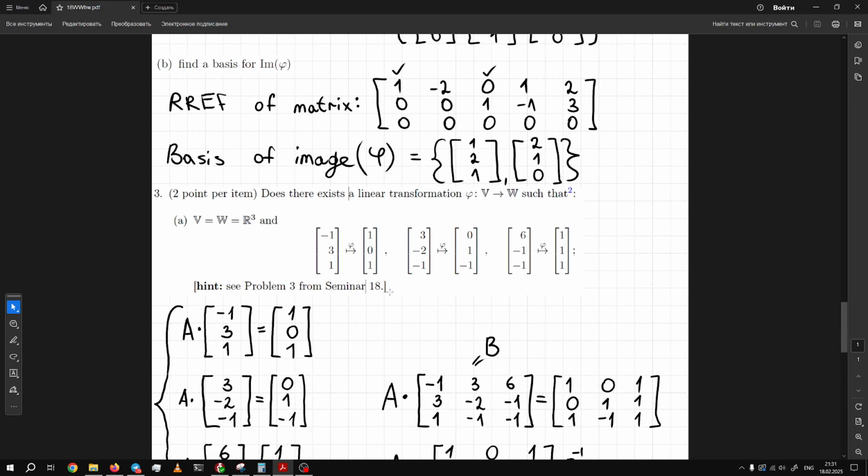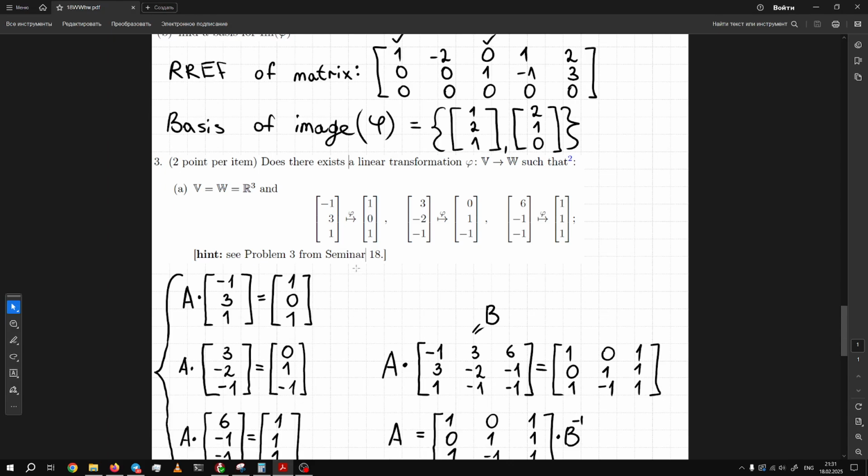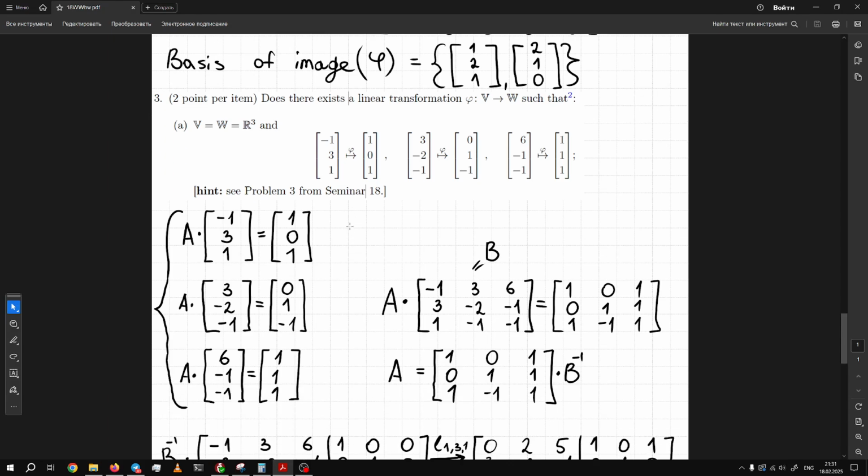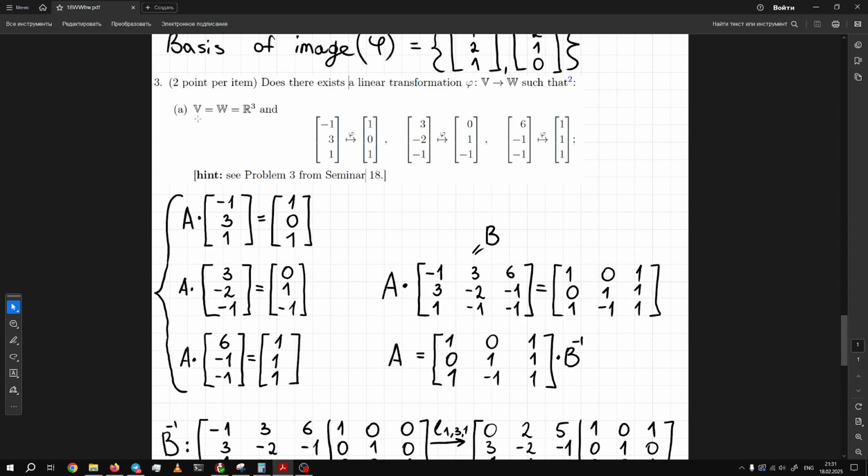Okay, let's move on and solve exercise 3. Does there exist a linear transformation phi from V to W such that, as you can see, this is our first space and this is our second space.